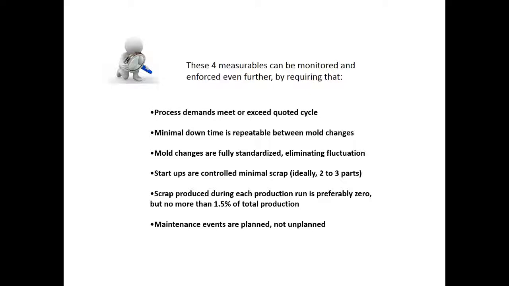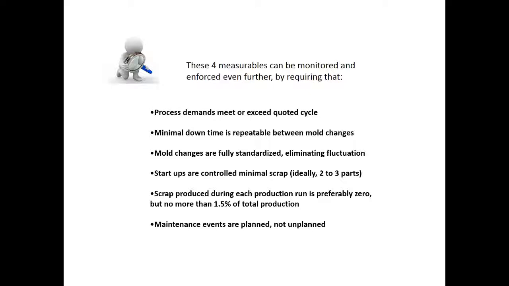And our startups need to be controlled with minimal scrap, ideally 2 to 3 parts on startup. Our total scrap produced during each production run would preferably be 0, not counting startup scrap, but no more than 1.5% of total production. And as stated before, maintenance events need to be planned, not unplanned.